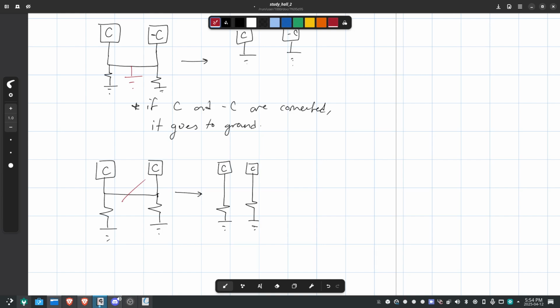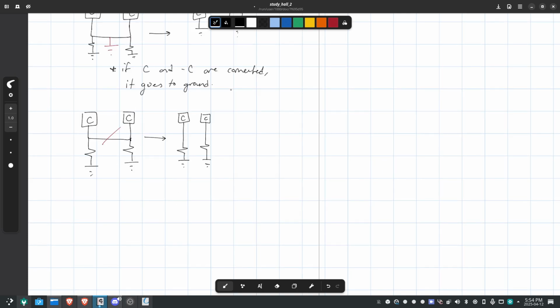So the whole point of differential pairs is that we have these two circuits which are either the same or opposite of each other, and we want to figure them out separately. We don't want to figure out the whole circuit because that's more work. We would rather solve one circuit, and because it's identical or because it's opposite, we can just use that to solve the other circuit, right? So here, if C and C are connected, the connection disappears.